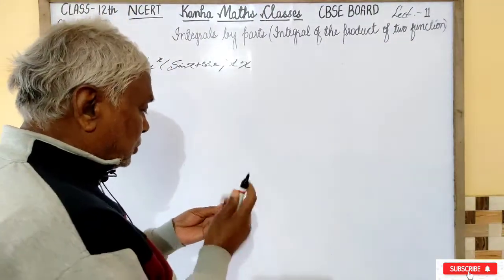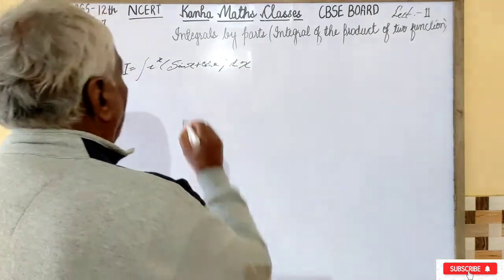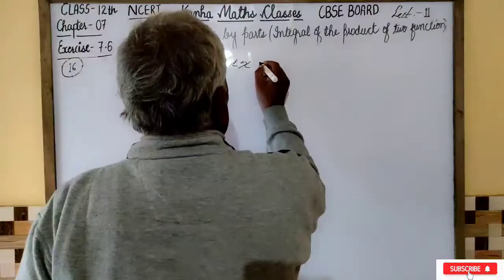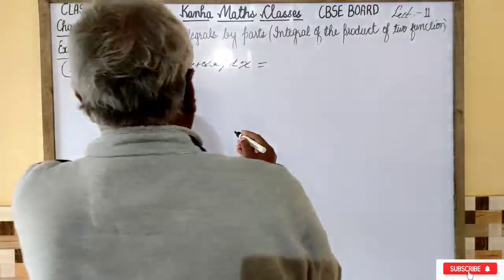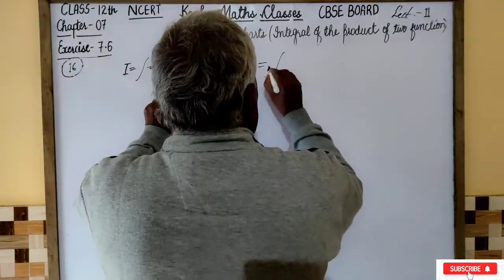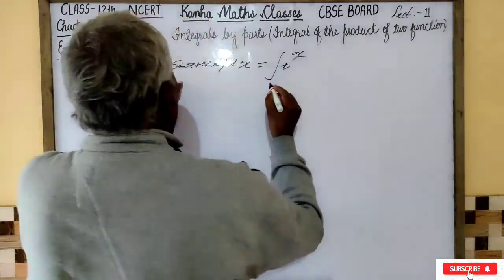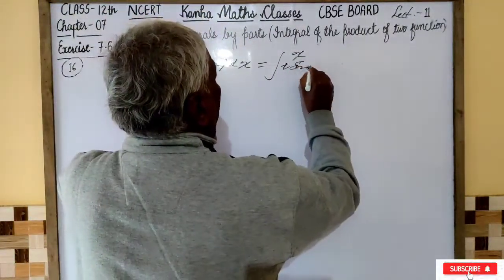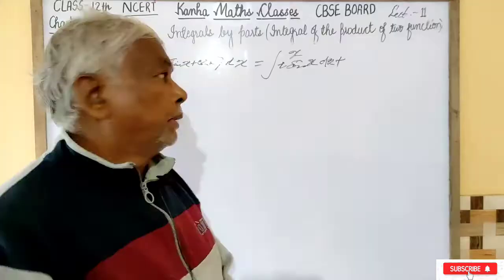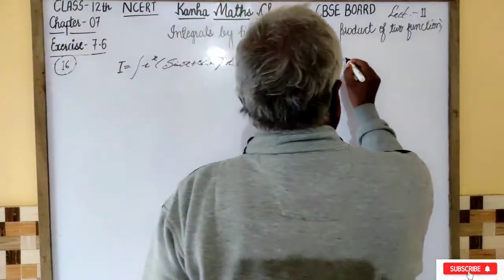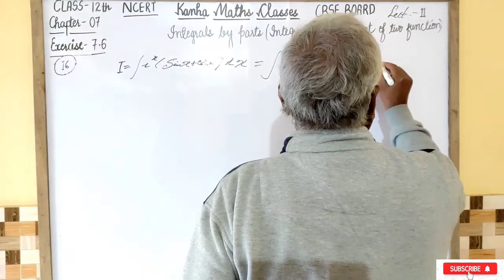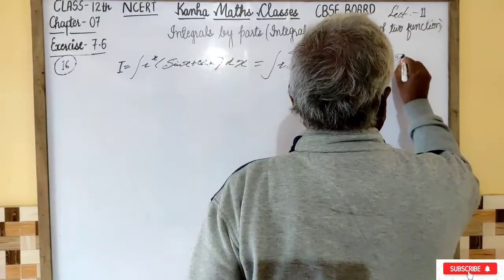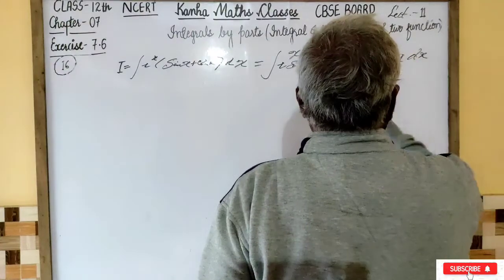Now, in this connection, I will try to integrate the question and bifurcate it into two integrals, that is, integral e^x sin x dx plus integral e^x cos x dx.